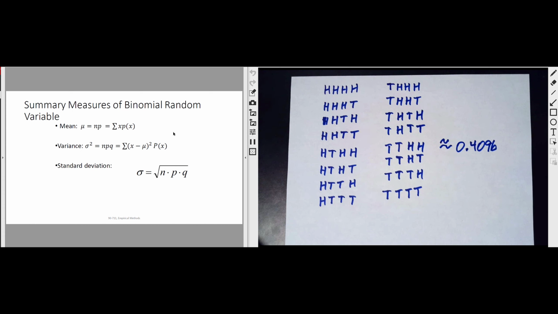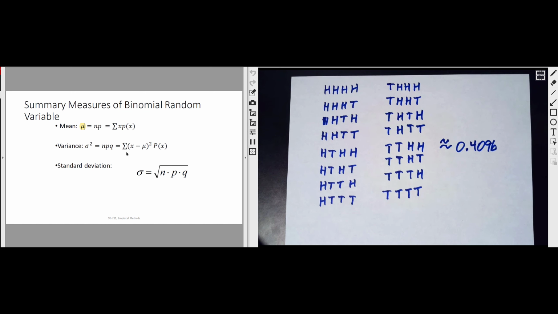And if you do the analysis, you discover that the mean number of successes, if you do n trials and the probability of success is p, is simply n times p. So in our case, 4 times 0.8 would be 3.2. So the mean number of successes that we're going to get in 4 trials is 3.2.